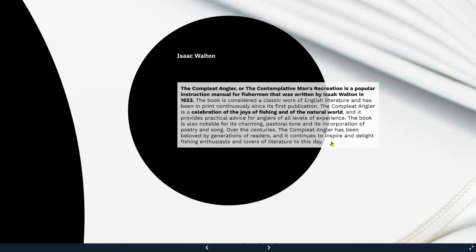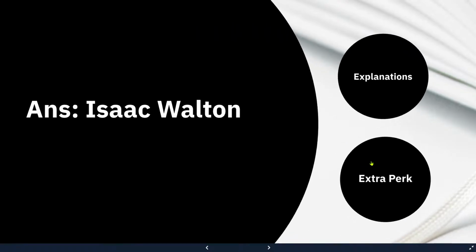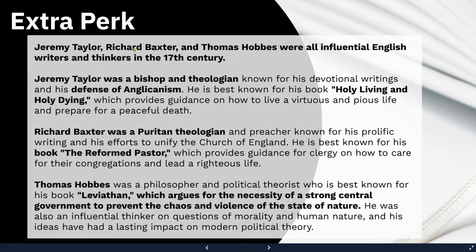And let's move to the other options. We have an extra perk for this question, related to all three options and why they have been mentioned. Jeremy Taylor and the others were all from the 17th century. These philosophers and thinkers are from the 17th century.